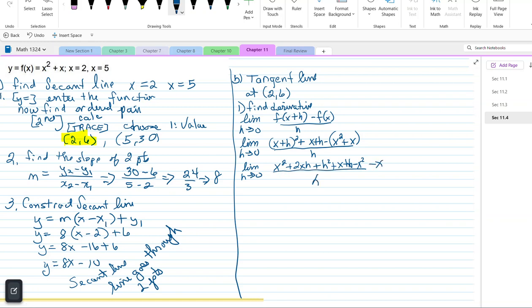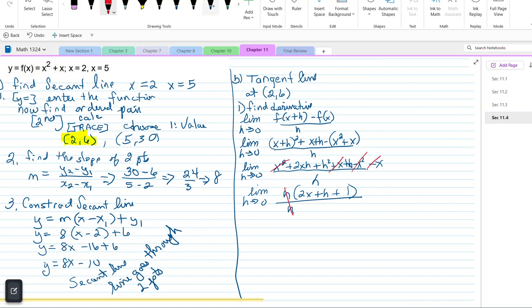Now remember, everything that does not have an h cancels out, right? And so we get rid of those. And we notice we have h's left. So we're going to factor out the h's. All right, so we're going to cancel the h's and we're going to take the limit.